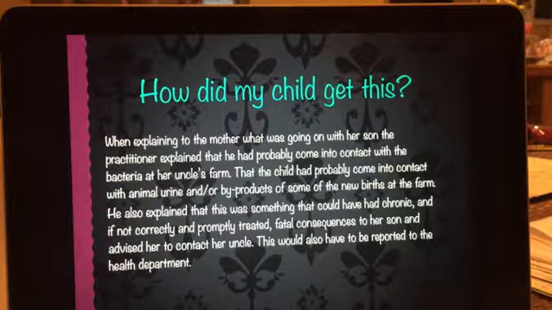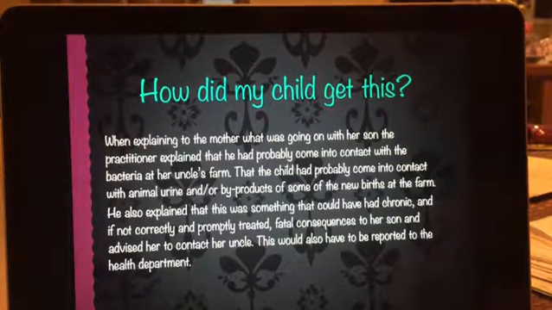He also explained that this could have become chronic, and if not correctly and promptly treated, it could have had fatal consequences for her son. And he advised her to contact her uncle, and that they would be contacting him as well, probably, because they would have to report this to the health department.